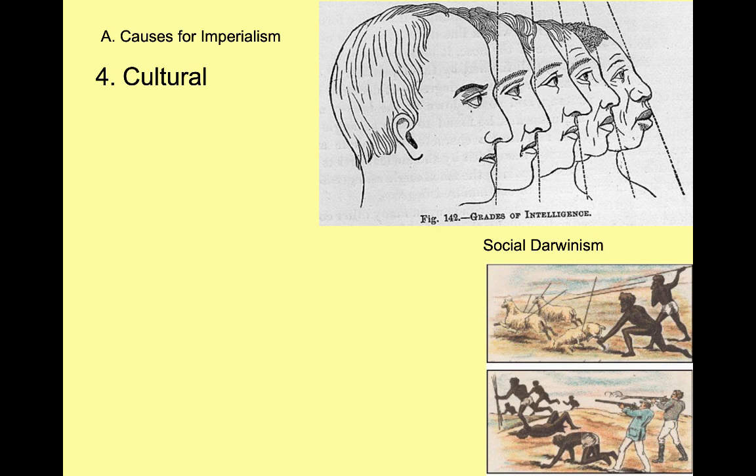It's a very disturbing image, but it seems to justify that it's okay because just like in the top image, it was okay for more evolved species to hunt less evolved species. In the bottom picture, the same rule applies for more evolved species to go and kill less evolved species. So it's a very disturbing way of looking at the world at this time, but it was something that was used to justify imperialism and conquest.